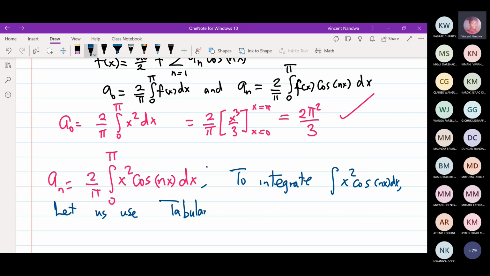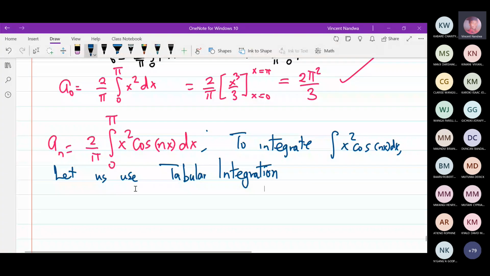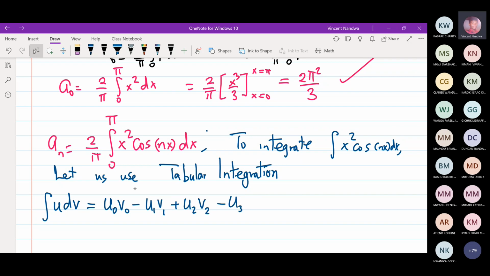I remember tabular integration is a special kind of integration by parts, which says that if I have to integrate u dv, it is the same as u naught v naught minus u1 v1 plus u2 v2 minus u3 v3 plus u4 v4 minus, and so on. So this is the formula for tabular integration.